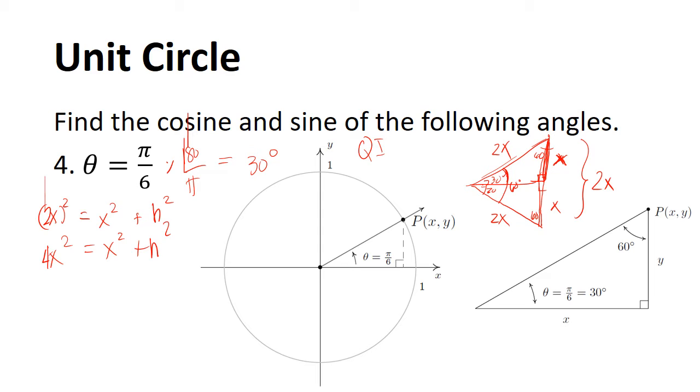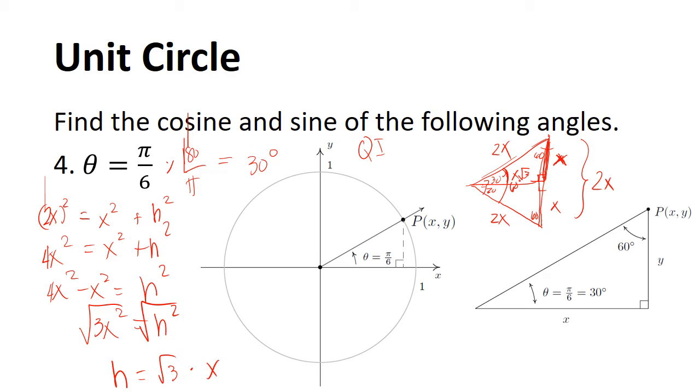Then, transpose natin sa x squared. 4x squared minus x squared equals h squared. So, 3x squared equals h squared. Square root. We get that h equals the square root of 3 times x. So, kung ilan man yung smallest side mo, i-multiply mo lang ng square root of 3. So, this side is x square root of 3.